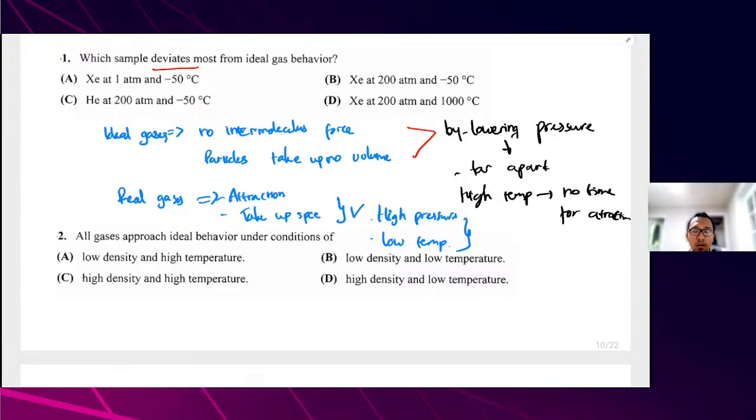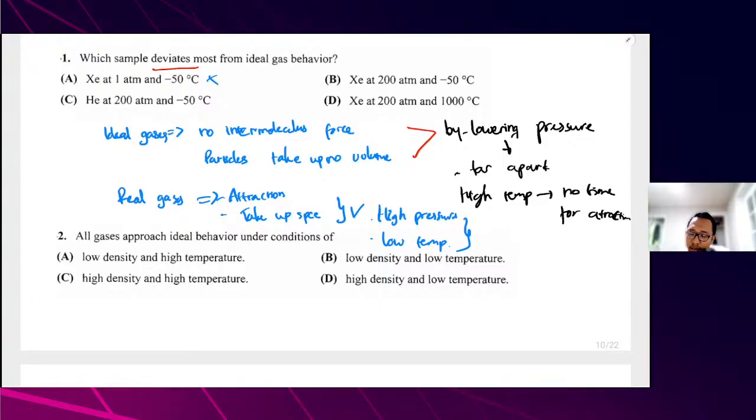If we lower temperature, the particles have less kinetic energy, so attraction matters. So we need to look at which option has high pressure. We can eliminate this one because the xenon at 1 atm is at a higher temperature.